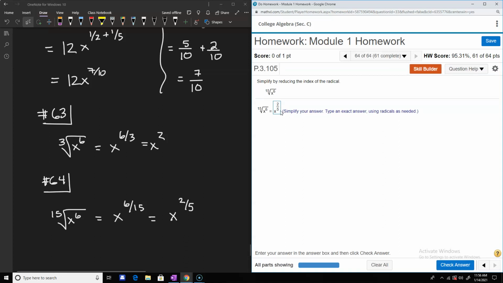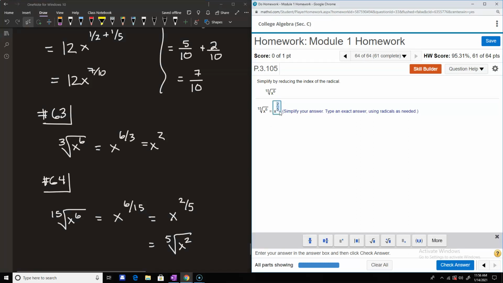Oh, they want us to use radicals? Simplify using radicals. Okay, so we can rewrite that just as the 5th root of x squared like this. So you got to watch those instructions. They like to switch things up quite frequently. So let's do the 5th root of x squared.